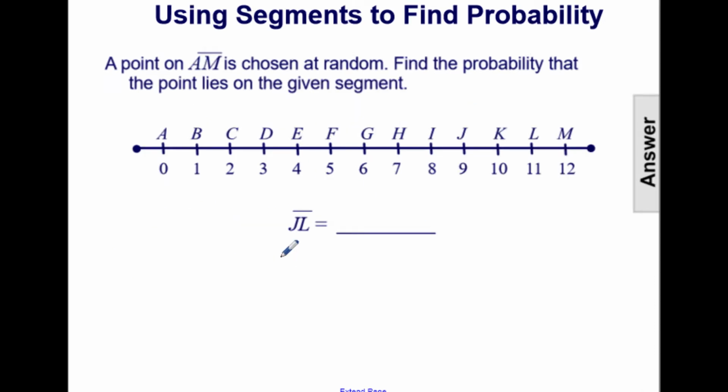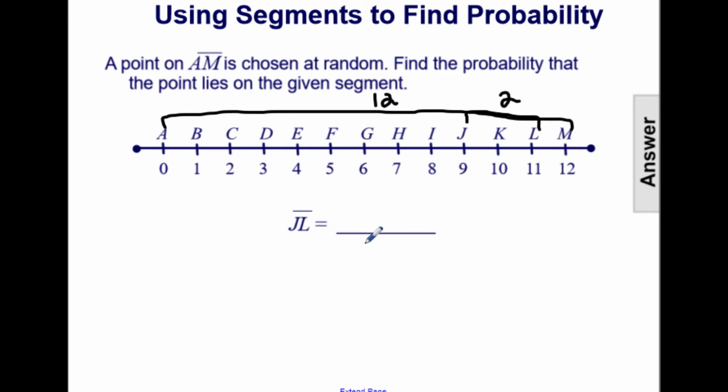Here's an example where we have segment AM. A point on AM is chosen at random. Find the probability that the point lies on the given segment. We have the given segment of JL. So that probability will be the length of JL over the whole segment of AM. JL is from 9 to 11, which is a length of 2 units. That is then compared to AM, which goes from 0 to 12, which is 12 units.